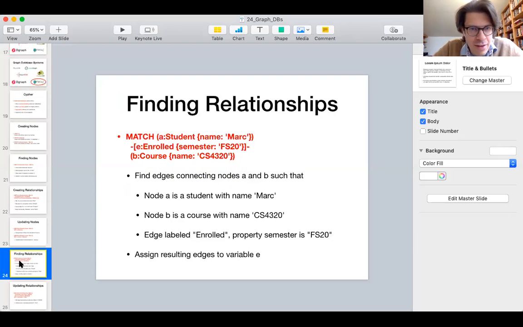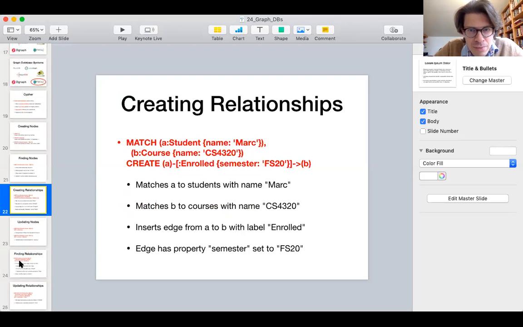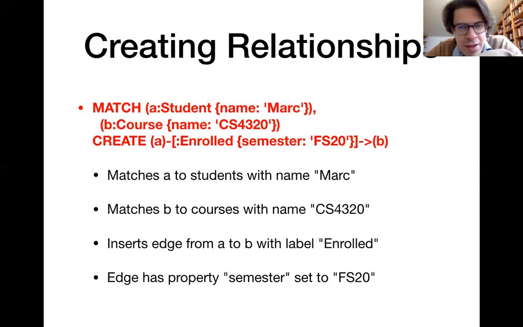So if you have, for instance, created the relationship here, as you see here, we have made a little arrow between node A and node B. So here at the end of the command, on the right-hand side of the line, you see this arrow representation. So this is specifically an edge that points from node A to node B.